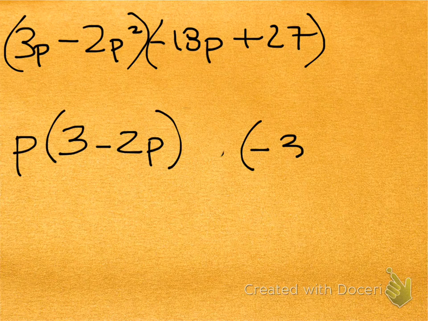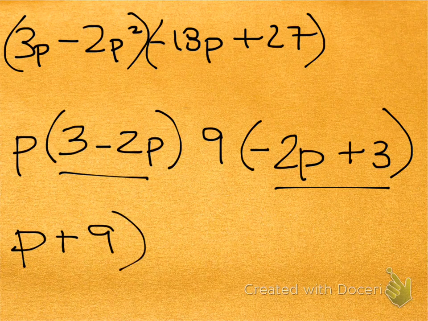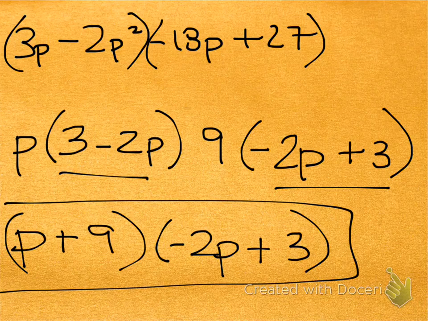We could take a 9 out, and we have negative 2p plus 3, and these are actually the same, they're just written differently. So you have p plus 9 in one set, and you have negative 2p plus 3 in your other set, and this would be your final answer.